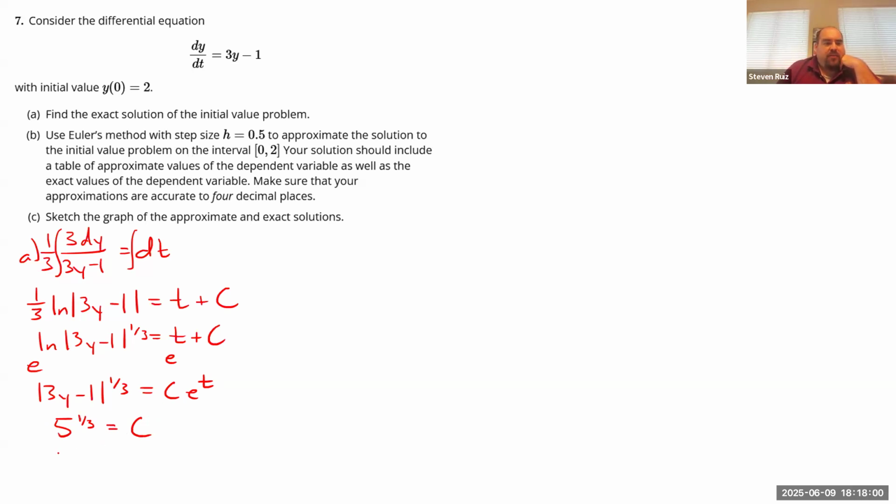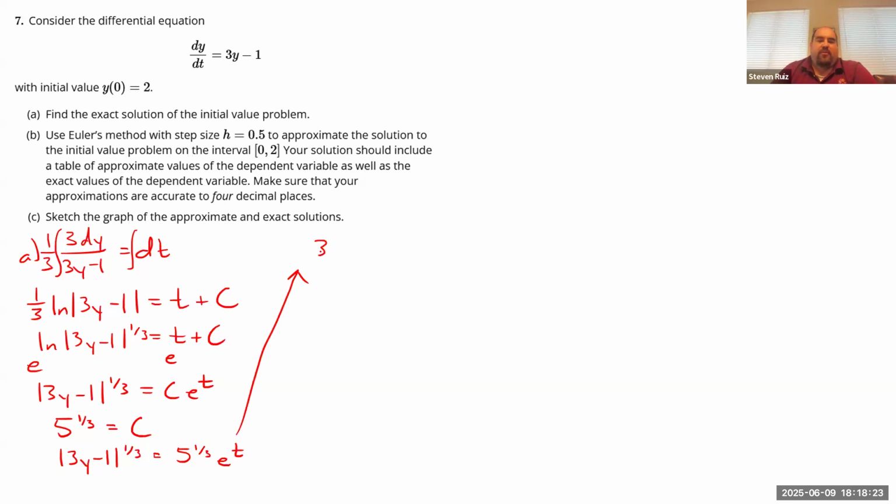All right, so let's keep going. 3y minus 1 to the 1/3 equals 5 to the 1/3 times e to the t. Okay, now I'm going to cube both sides.